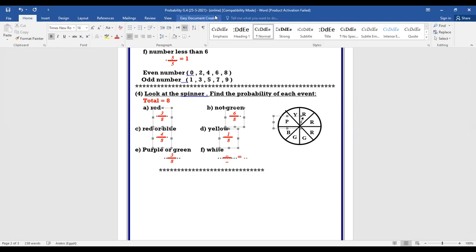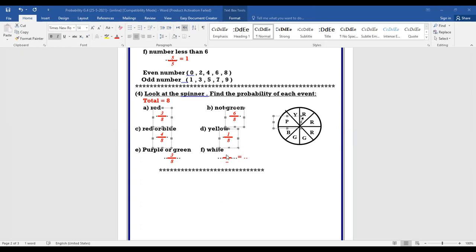White. What is the probability of white? Taher, white. 0 out of 8.